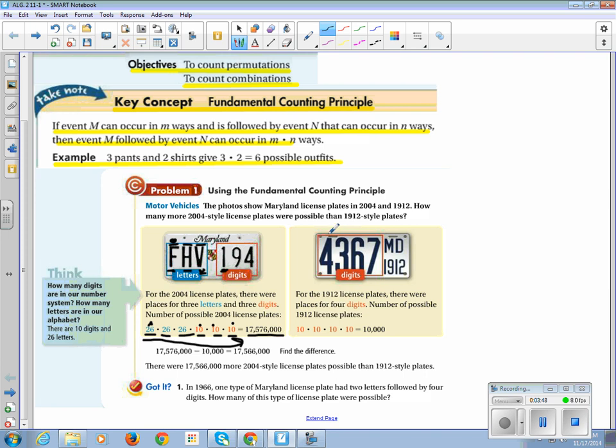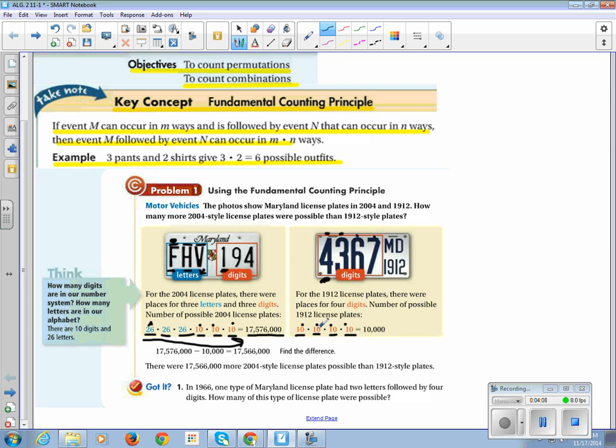All right, so let's go back into the olden days, and we're going to use 4 digits. So you make 4 slots for each item and put the possibilities in each slot. So these digits are 0 through 9, which is 10.